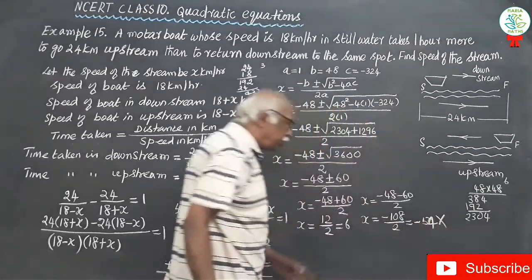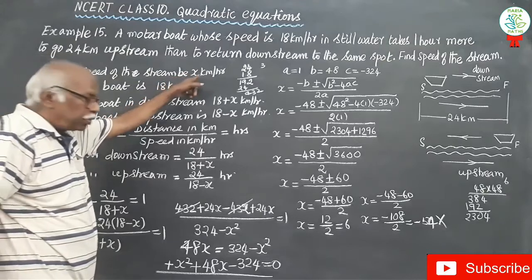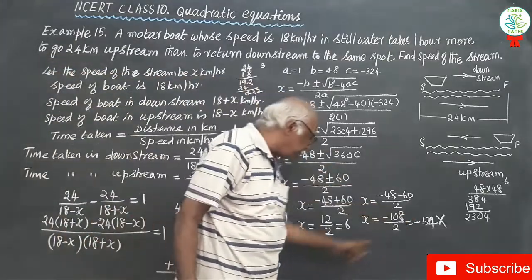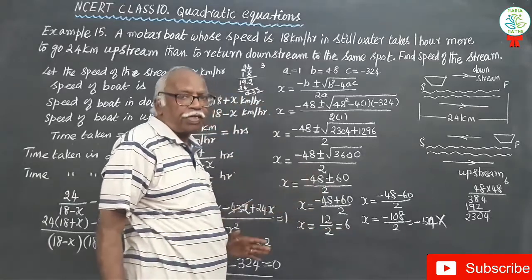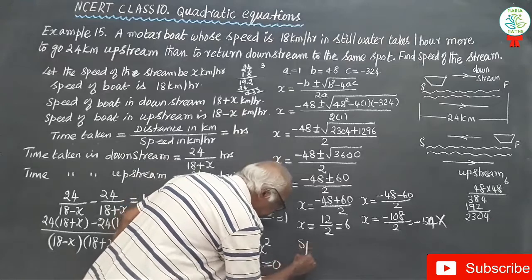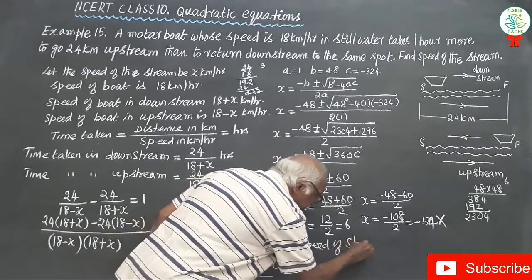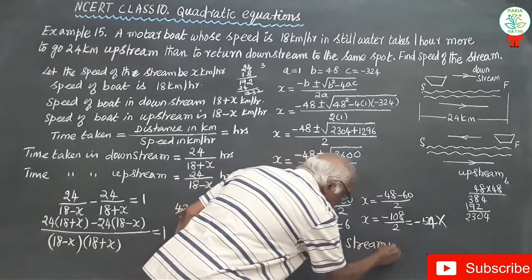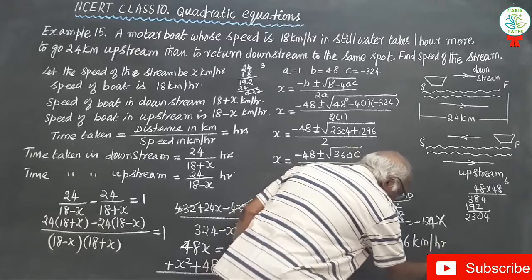This will not be possible, because x is the speed of the stream in kilometer per hour and speed will not be negative. Therefore, the speed of the stream is 6 kilometer per hour.